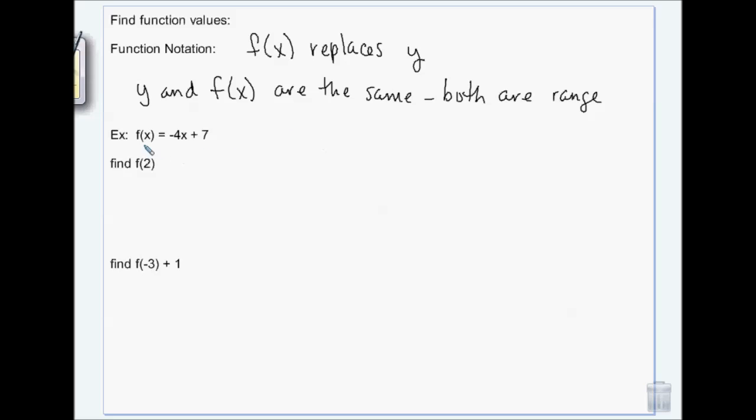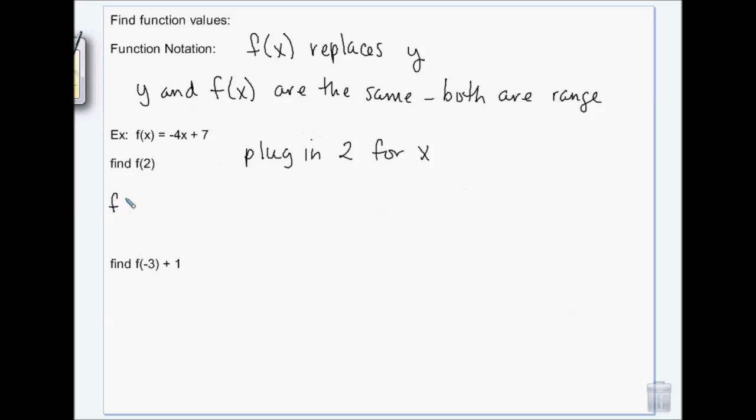So instead of saying y equals negative 4x plus 7, we have f of x equals negative 4x plus 7. So then f of 2 means that I'm going to take 2 and I'm going to plug it in.